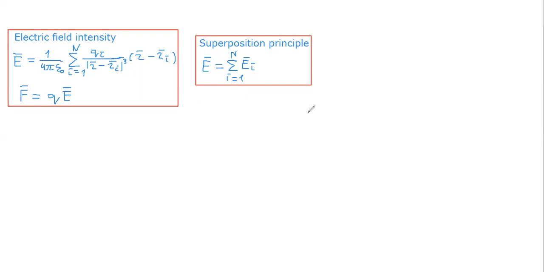And there is one more physical value that can give us the whole information about the electrostatic field, and this value is electric potential.